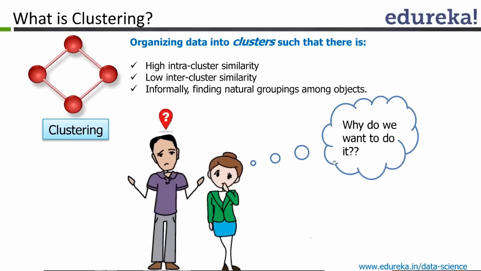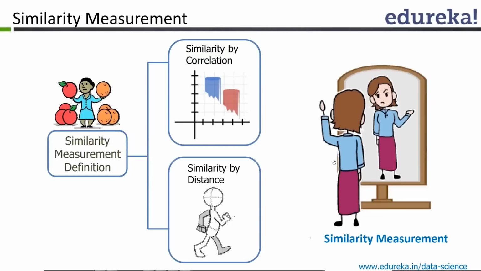How do I define similarity in my problem setting? If I just have a bunch of faces, how do I define similarity between them? Or if I have a bunch of transactions made by multiple customers, how do I define the similarity between those transactions?